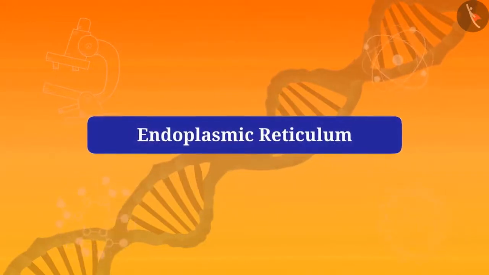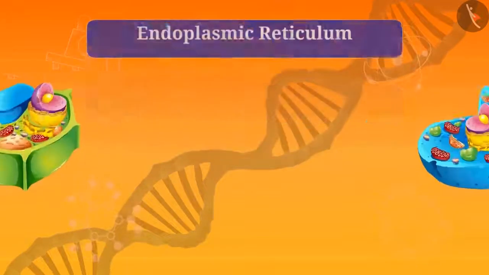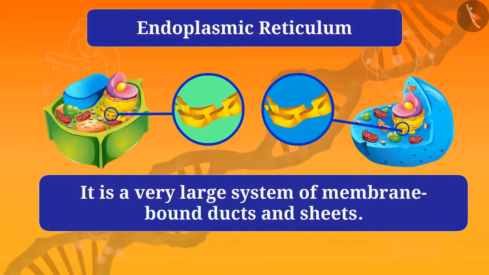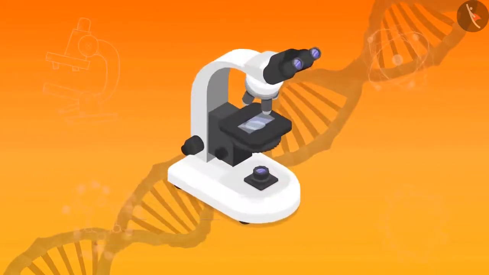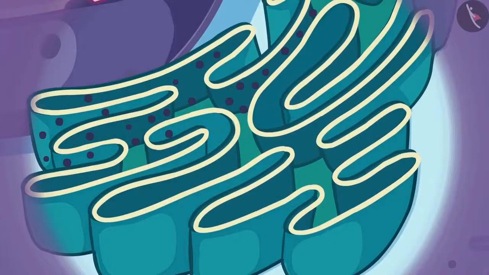Now we will learn about the endoplasmic reticulum. It is a very large system of membrane-bound ducts and sheaths. Its composition is similar to that of the cell membrane. Friends, if you look at it carefully under the microscope, do you see any difference in their structure?